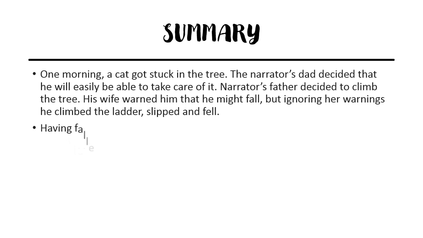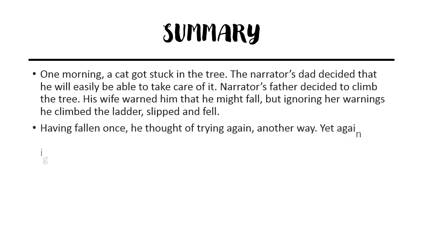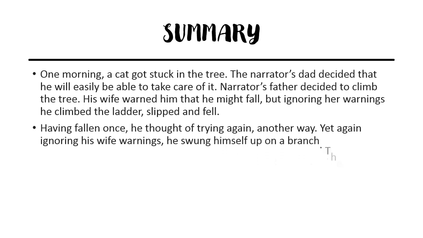Next. Having fallen once, he thought of trying again, another way, yet again ignoring his wife's warnings. He swung himself up on a branch. The branch broke and again he fell.